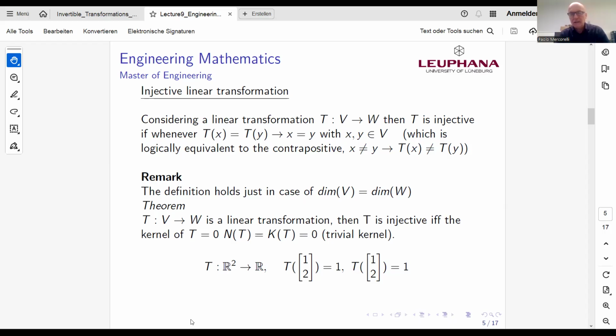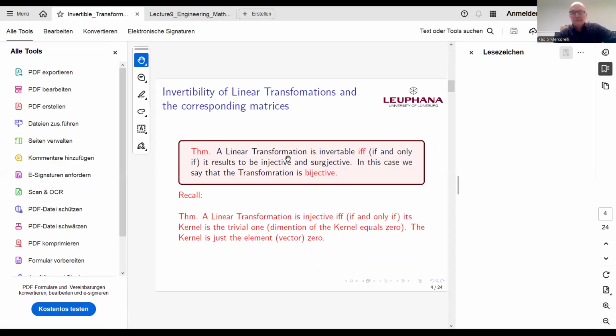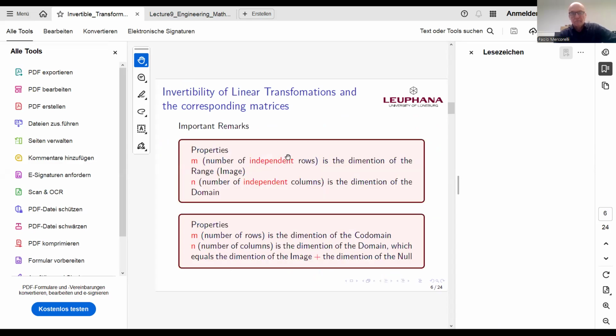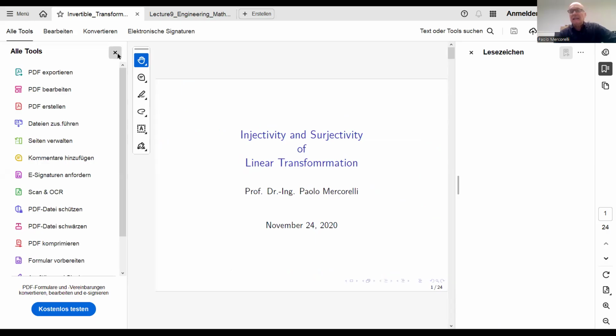I cannot open it. I don't understand why. Let me see if I find this here. Yeah, okay. Let me switch now. I can clarify in a few minutes.